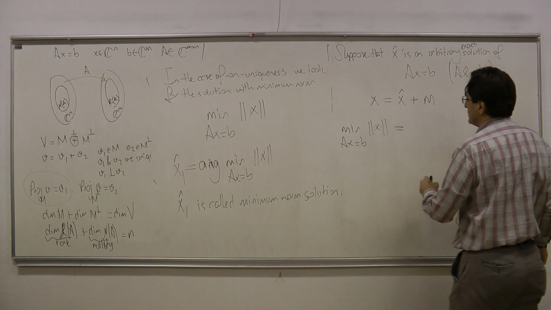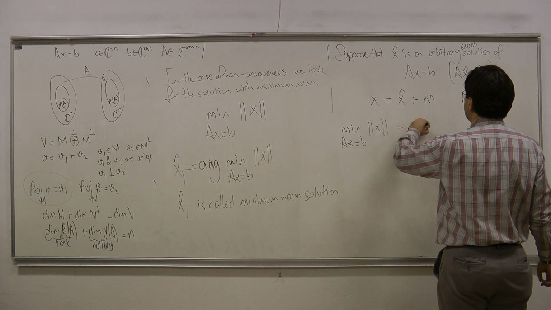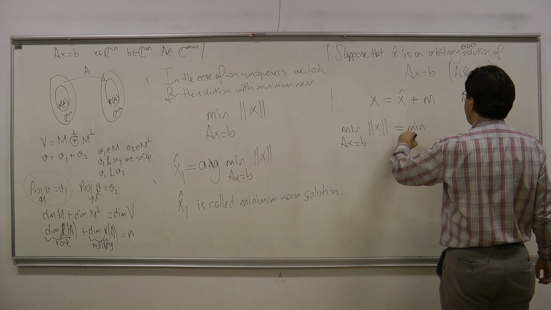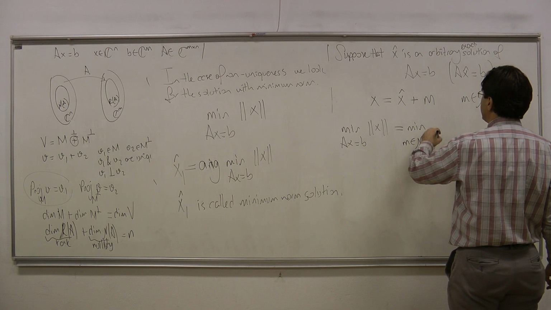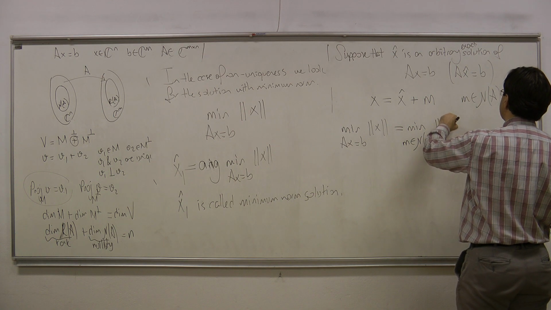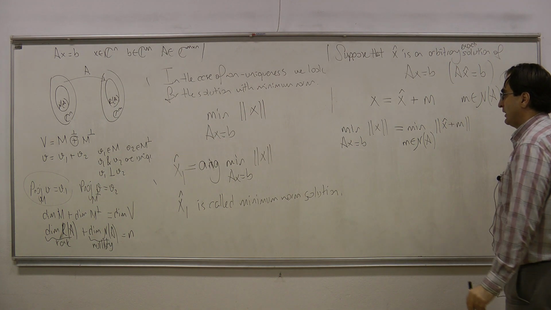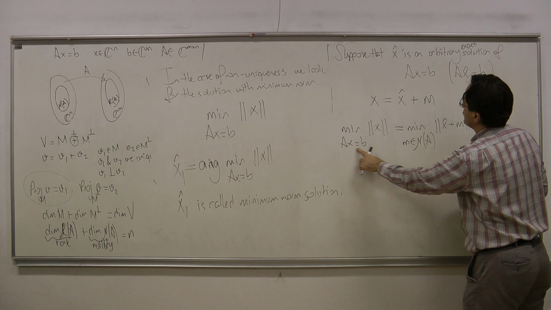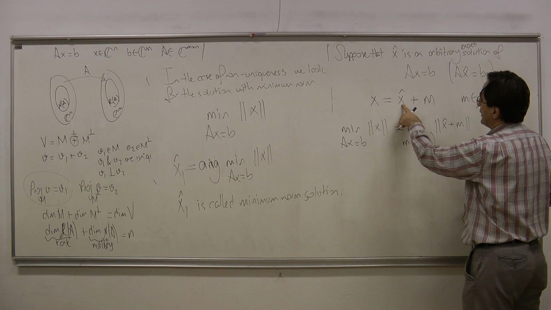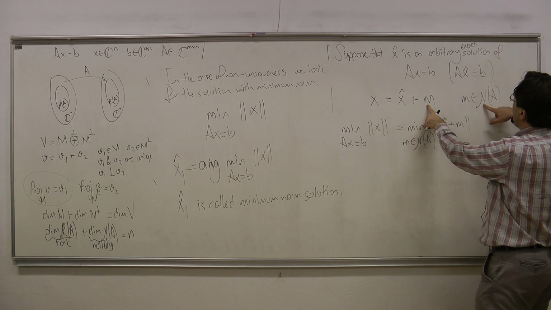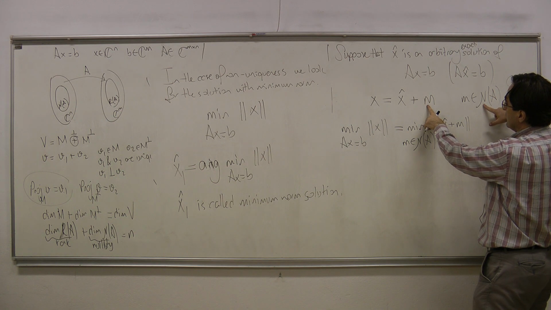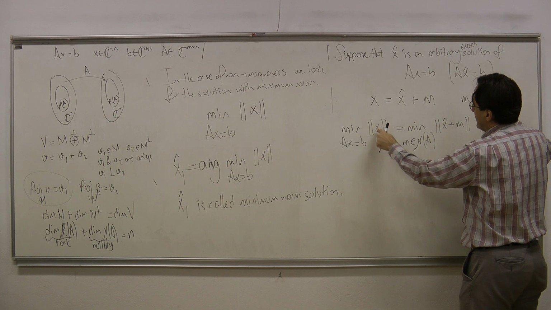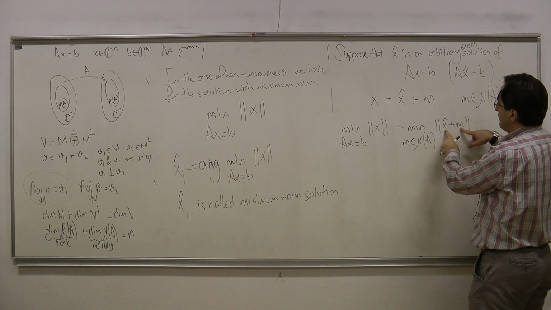So instead, I will write: minimize, over m inside null space of A, the norm of x hat plus m.